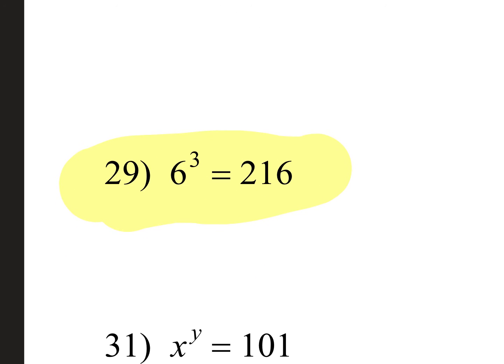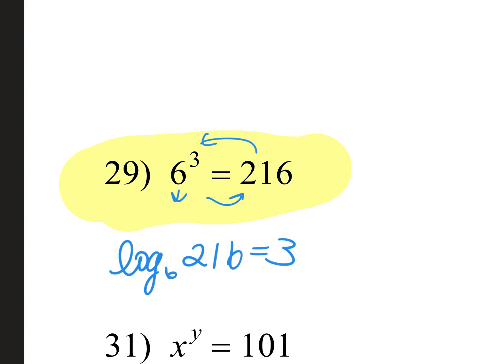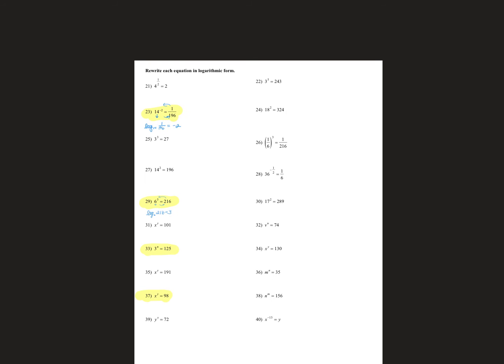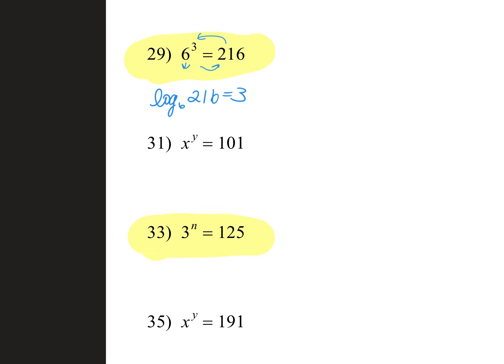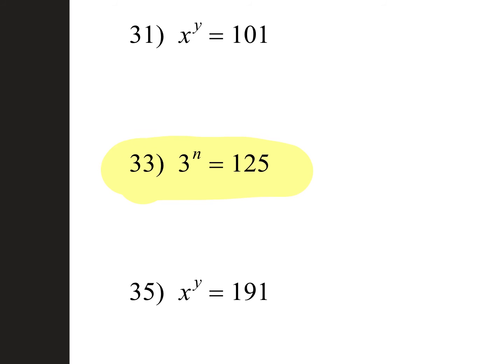How would I rewrite 29? Log base what? Good. So it's not actually an exponent. Very good. It's just going to be a normal sized number. That log base 6 is the log that we're talking about. And then 216 is the number. So we just move here. 6 goes down. Good. What about 33? Log base 3.